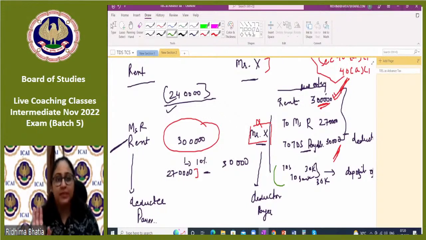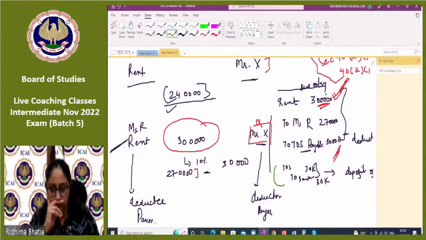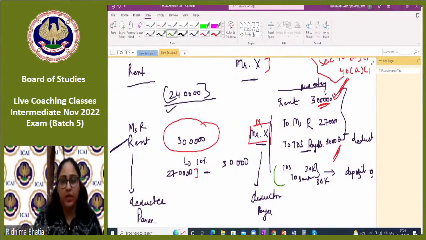There's one more concept, TCS, but I will not plug it in here because now that we have started TDS, let's go through the journey of TDS only, okay? Correct, Rama. Now, TDS has one very important thing which you pointed out.